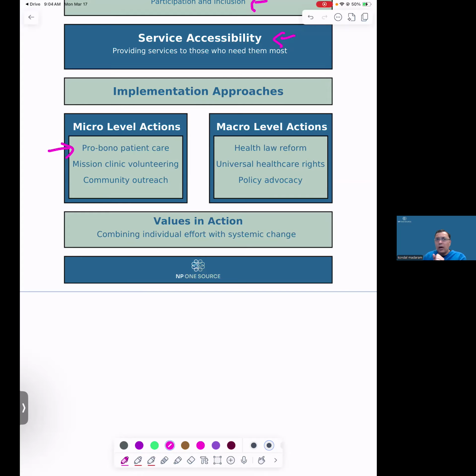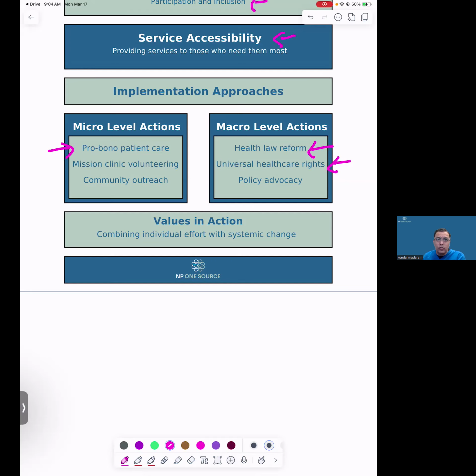And then community outreach is hosting mental health workshops in schools to educate students about coping mechanisms and available resources. Now, at a macro level, what we talked about in Congress, healthcare law reforms and rights for everybody, like universal healthcare in Canada and Australia, where everybody gets the same care.